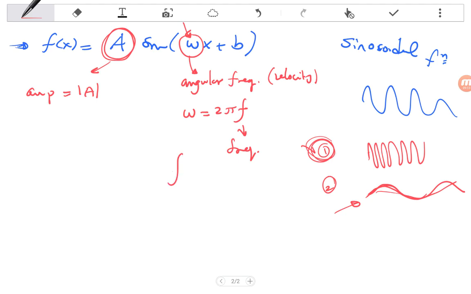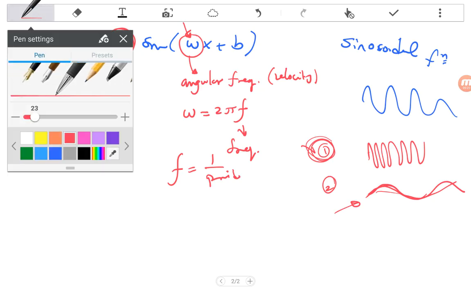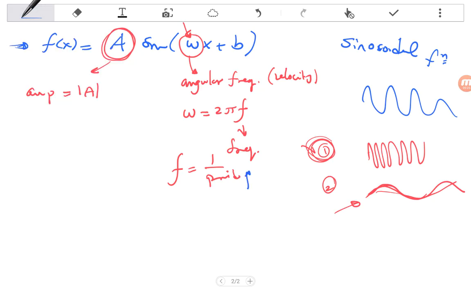We learned that the frequency is just the reciprocal of the period. So whenever you have a greater period, you will have a lower frequency. It is obvious in these two examples. In case 2, the period is this interval.